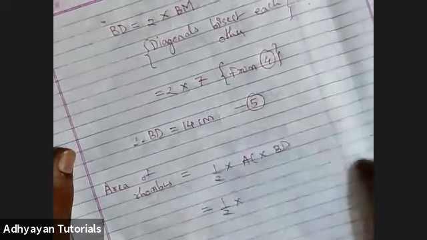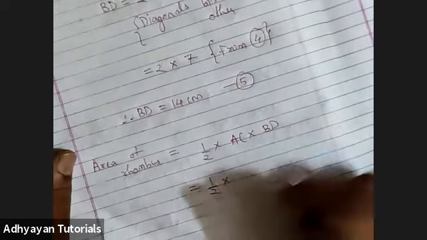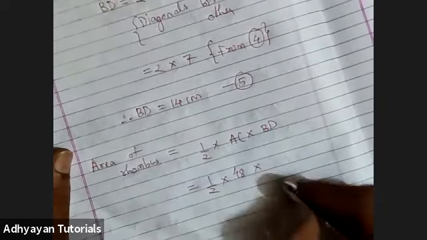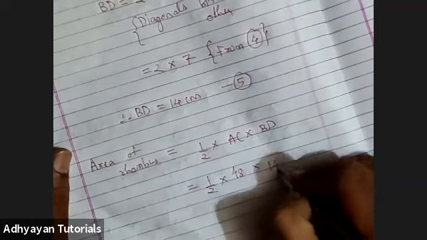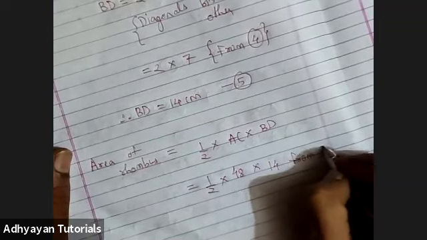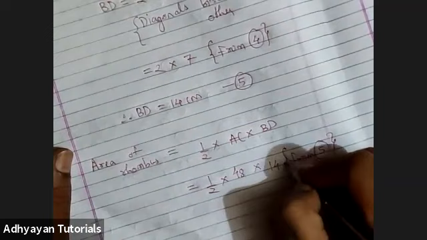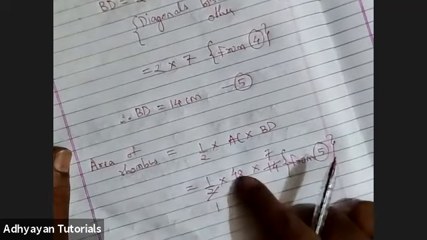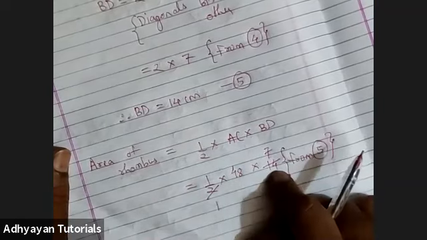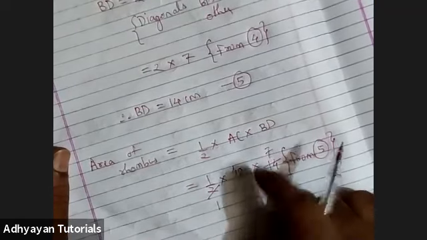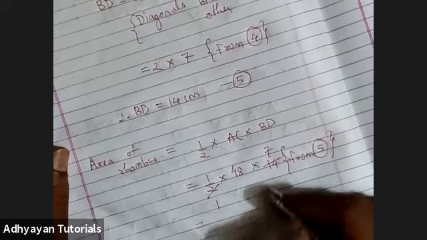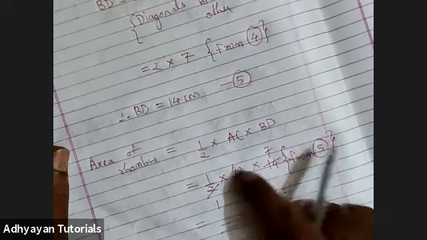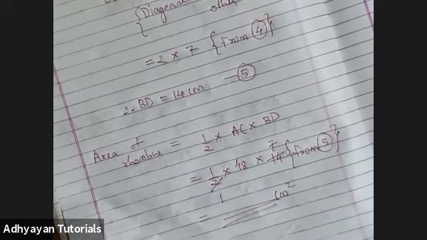Children, the value of AC was given to us as 48, and BD we have found as 14 centimeter. That comes from equation 5. 2 ones are 2, 2 sevens are 14. If you want, you can cancel this as well. 24 into 14. Ultimately, when you multiply these two, you'll get your answer. And since everything was in centimeter, it will be centimeter square. I hope you can multiply this and get the answer, right?